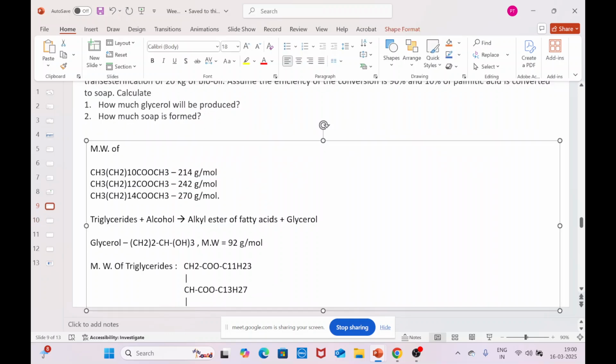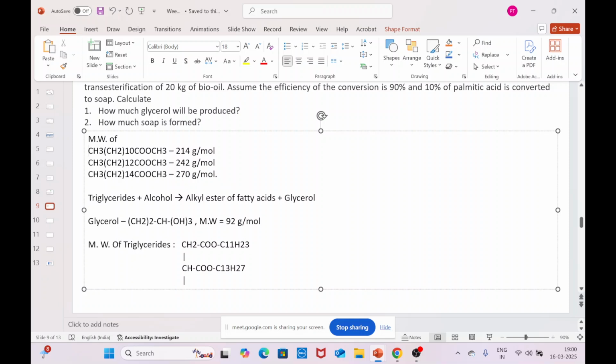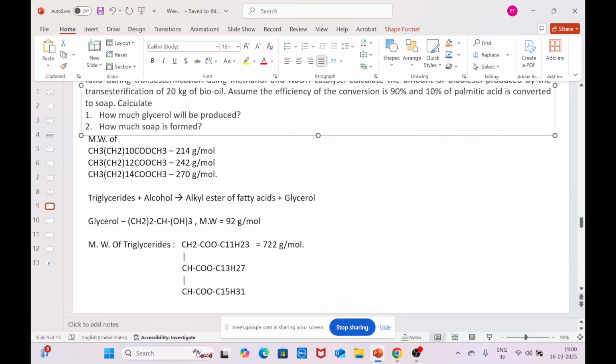We don't have space. C15H31. So this molecular weight will be 722 gram per mole. Is that fine?